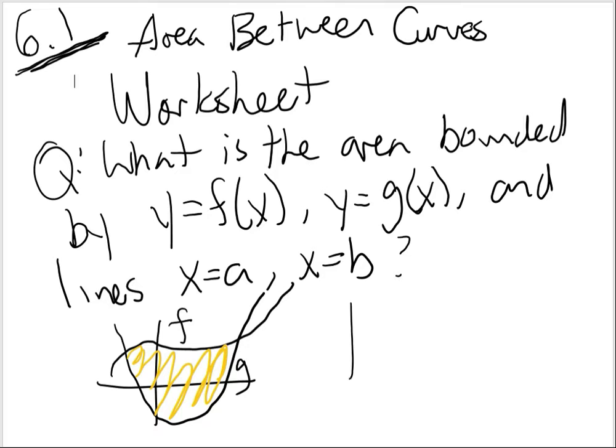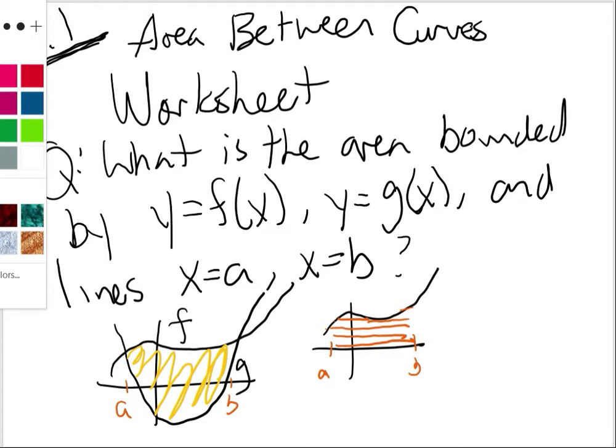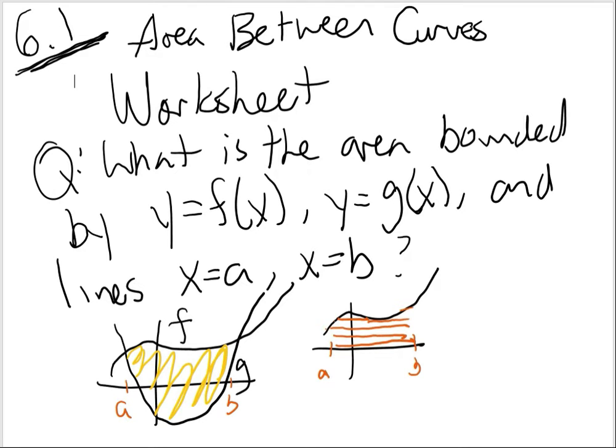If I look at them separately, so I have f, the area under the curve for f between a and b, it's going to look something like, I'll draw with horizontal lines, something like this, right? That's the area underneath f.